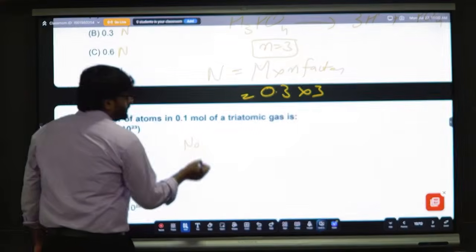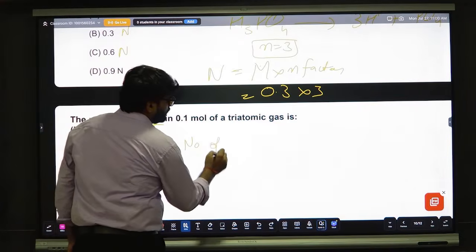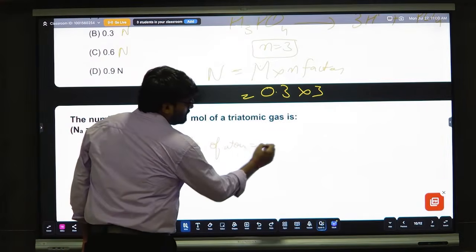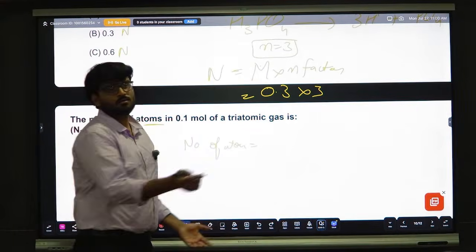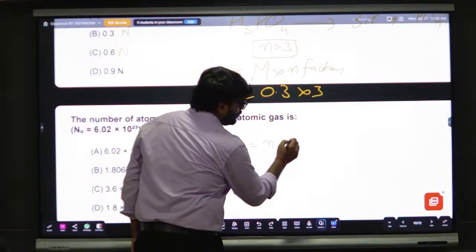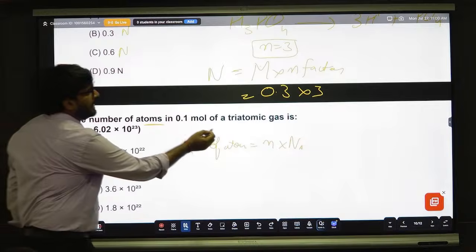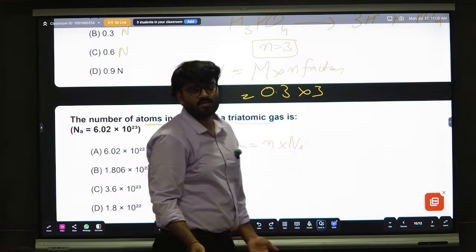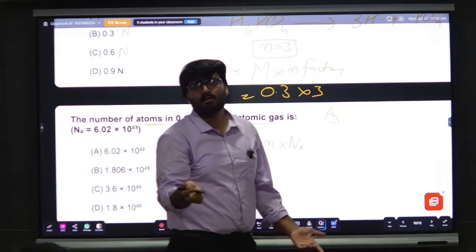Okay, so solve with me. Number of atoms they are asking. What is the formula? Everyone, please tell me. N into Na. In one molecule we have 3 atoms because it's a triatomic gas, like A3 or N3, something like that.